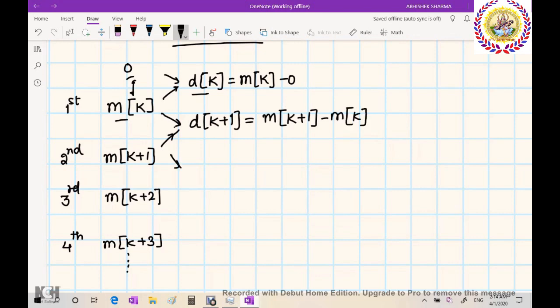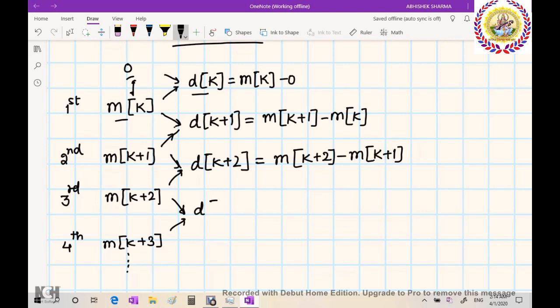And the second difference will be d of k plus 2, which is m of k plus 2 minus m of k plus 1. Similarly, the third difference, you can say the fourth difference, will be dk plus 3, which is m of k plus 3 minus m of k plus 2.